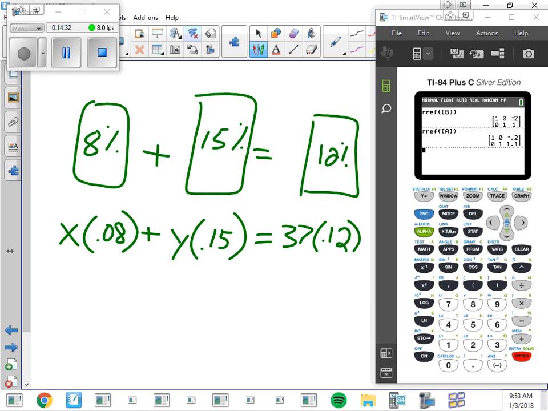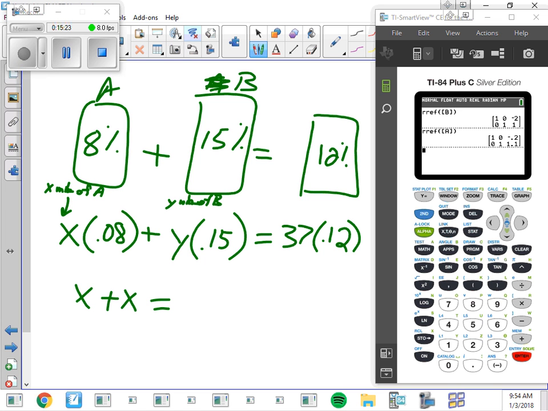Okay, what else do we know? Let's call these A and B. This would be X milliliters of A, and this would be Y milliliters of B. So I know that the amount of X I put in times 0.08 plus the amount of Y I put in times 0.15 will equal 37 milliliters at 12%.